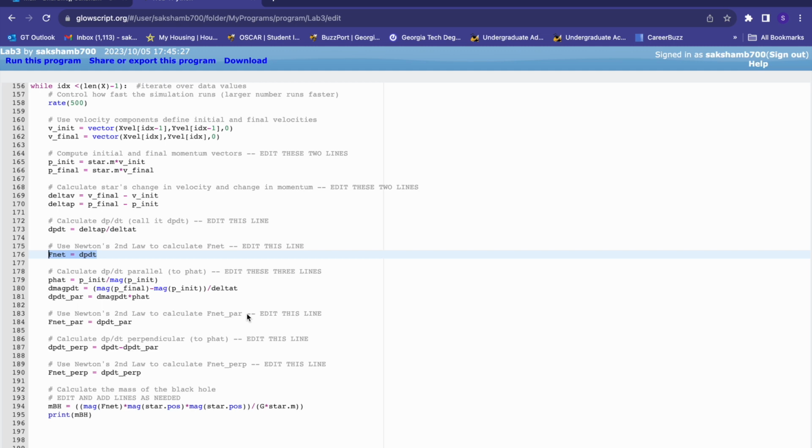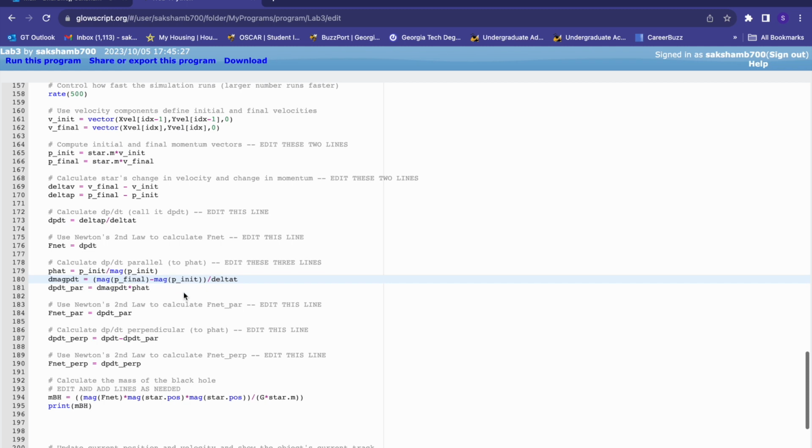Parallel change in momentum, aka the parallel component of the net force. This is pretty easy because the parallel force is in the same direction as motion, as defined previously in the slideshow. So we simply take the unit vector, or the direction vector, of momentum and multiply that by the change in momentum to get the parallel force.